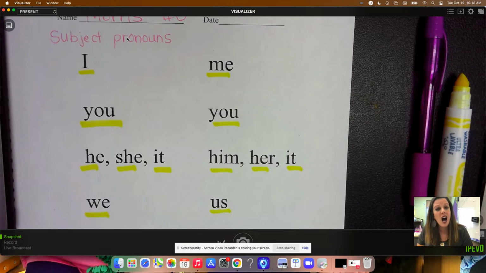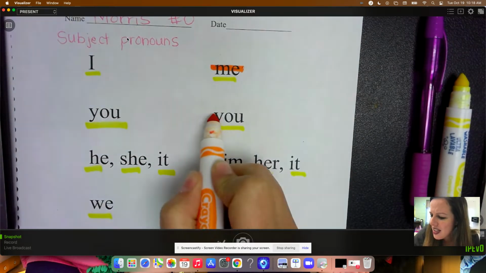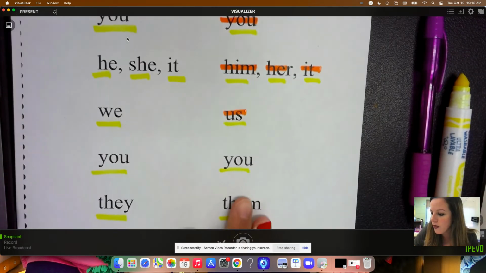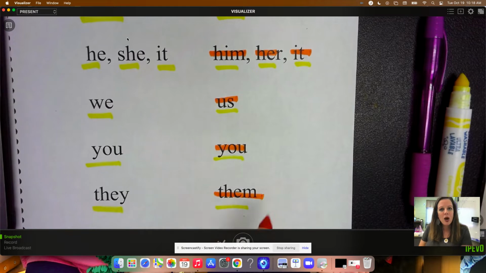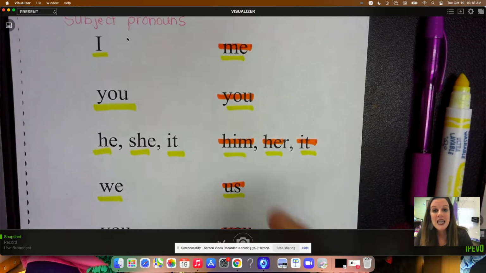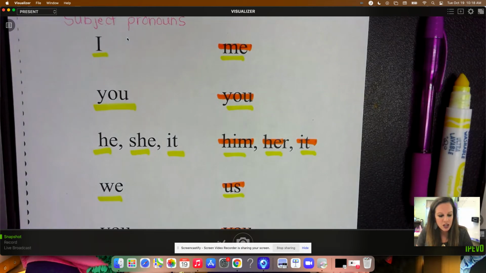They're called object pronouns, and they come after the verb or in the predicate part. So we're going to highlight them in orange, even though they're pronouns. We're highlighting them in orange, our verb color, just to help our brain remember that these words tend to come in the predicate part. They're called object pronouns.